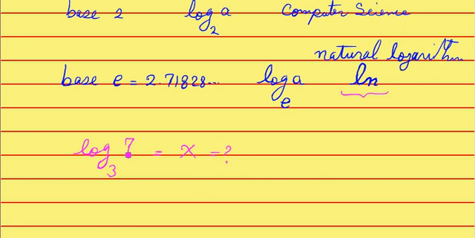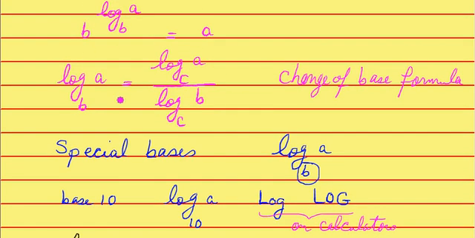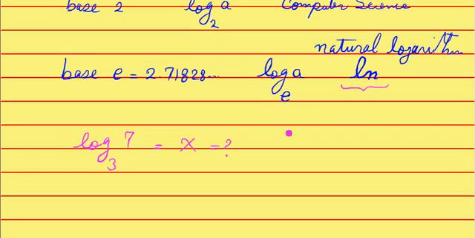Let's go ahead and rewrite this thing in a different way that's going to justify for us this formula I mentioned here, the change of base formula. So again, the point is that your calculator doesn't have a logarithm base 3 button on it. What if you wanted to calculate this? Could you calculate it using the other buttons that you had? Well, it takes a little bit more work to learn how to use those other buttons.